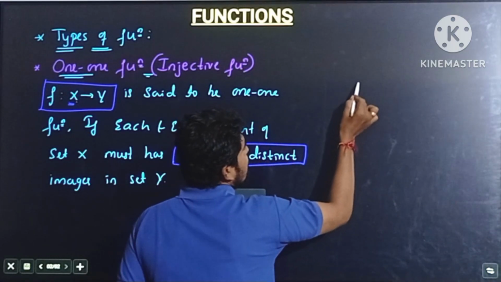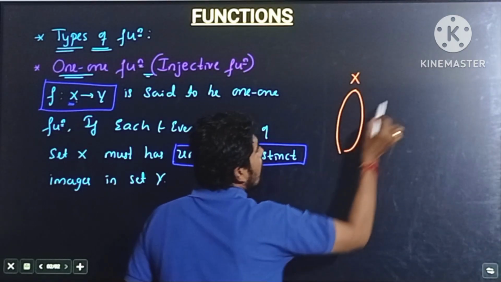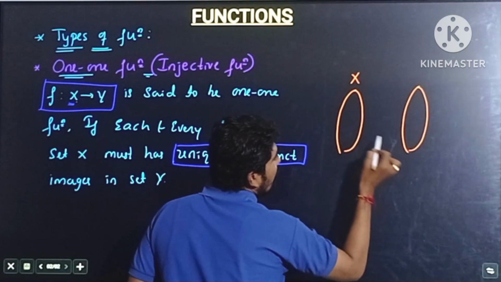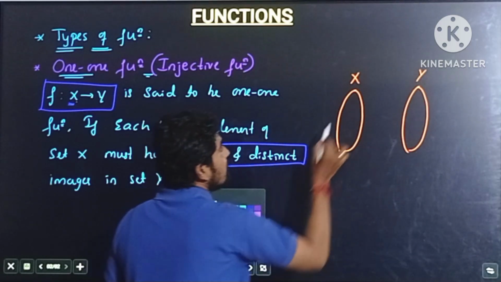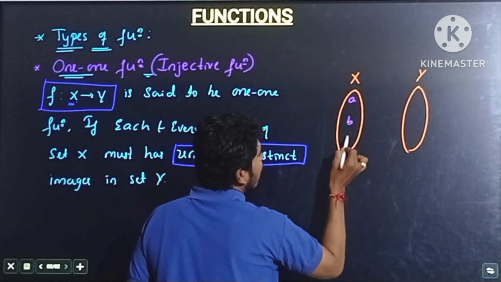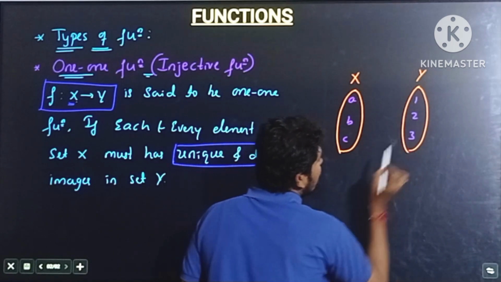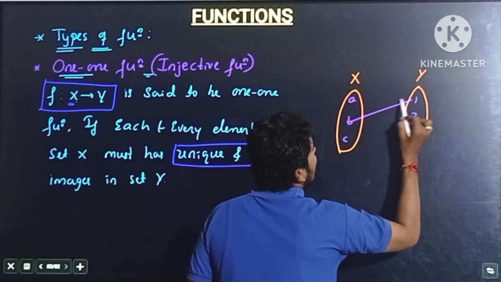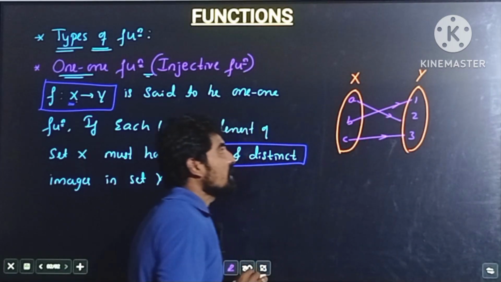Suppose this is an X set and this is a Y set. Suppose set X consists of the elements a, b, and c, and set Y consists of elements 1, 2, and 3. Suppose b is related to 1, a is related to 2, and c is related to 3.